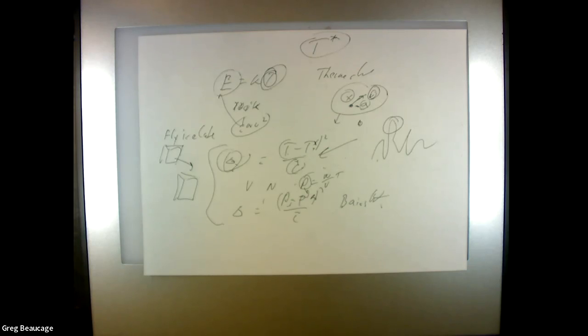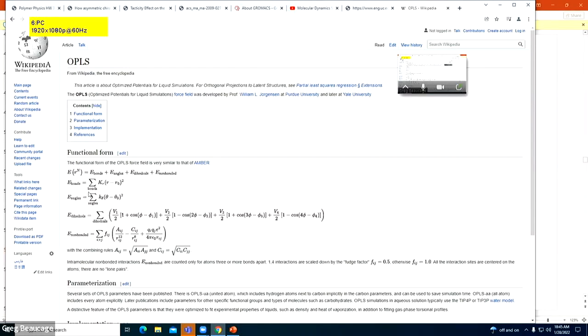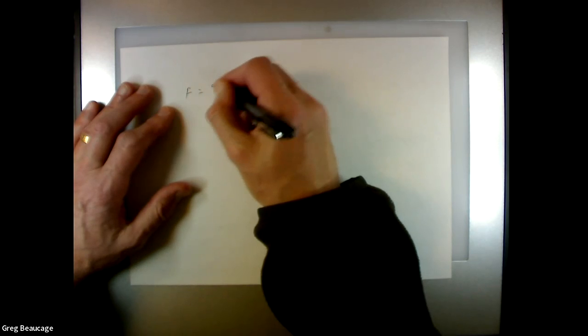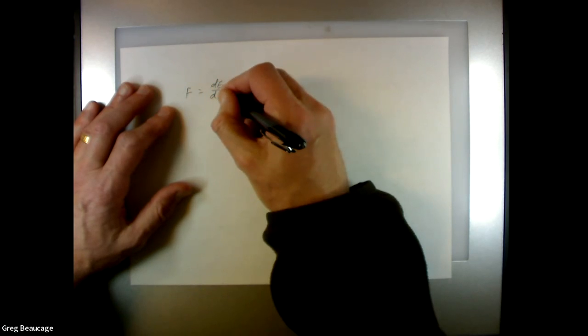So the spring energies are always going to be like E is something squared, right? So the energy term here comes from this. You have force is change in energy with change in position, right?